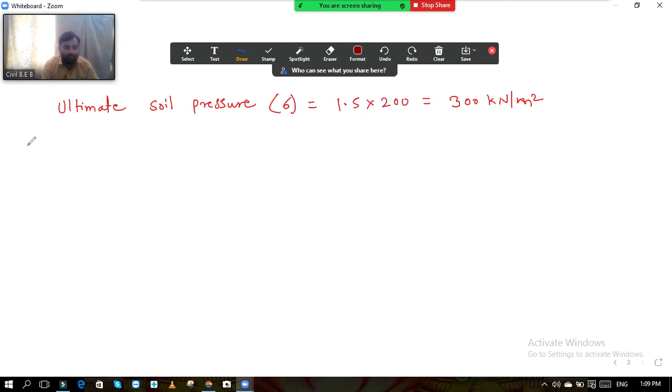The heading is depth of footing, the depth of footing from punching shear consideration.